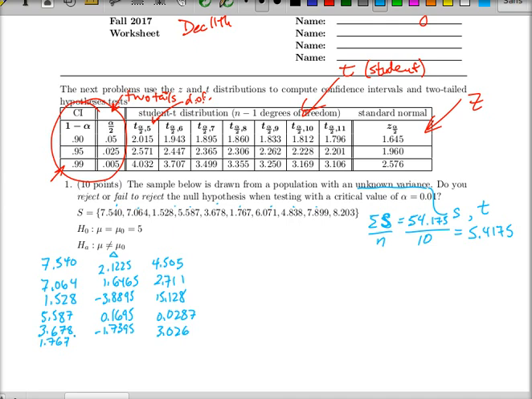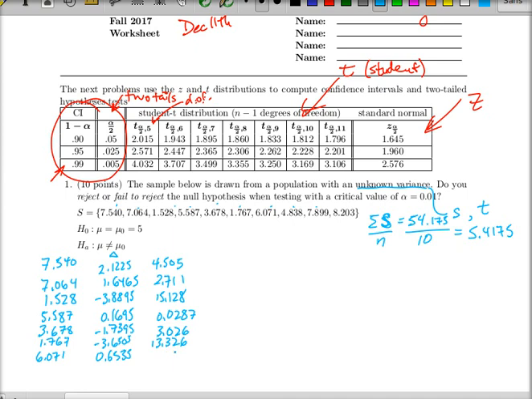1.767 minus 5.4175 equals negative 3.6505. Square that. 13.326. Add that to the memory. 6.071 minus 5.4175 equals 0.6535.